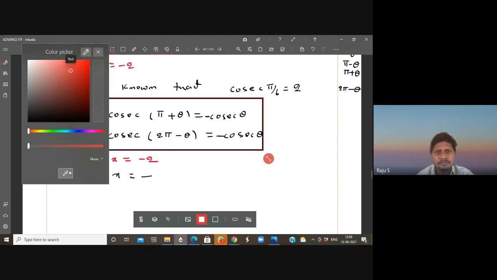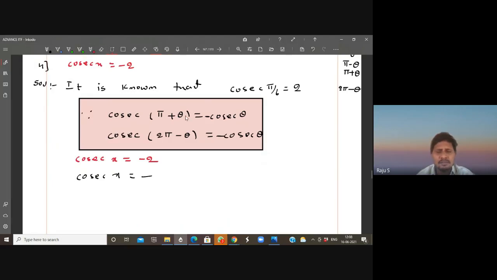With the help of these formulas, minus cosecant x lies in the third quadrant and fourth quadrant.